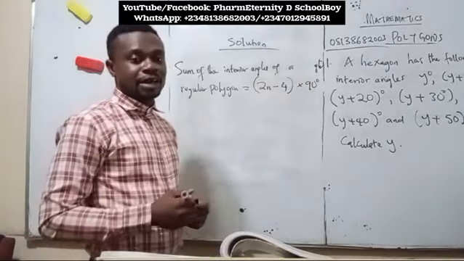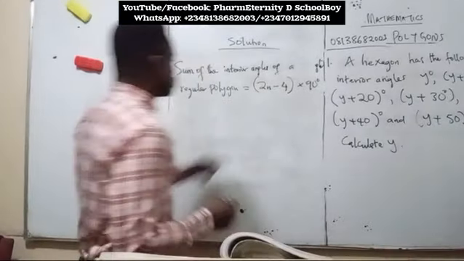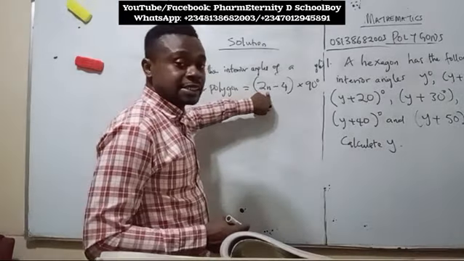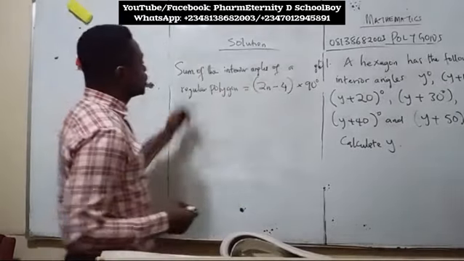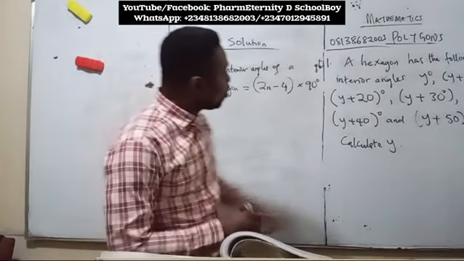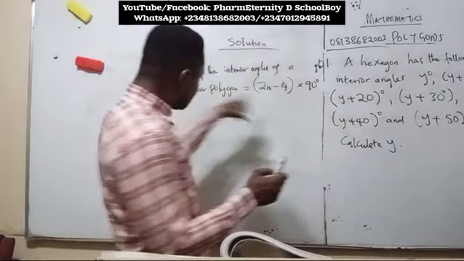A hexagon is a regular polygon, so that means n is 6. So we substitute 6 for n here. We add all these interior angles and equate them to this.